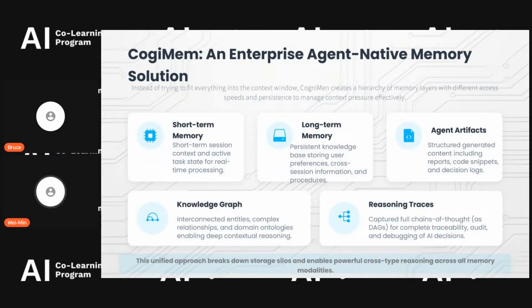So the cognitive MEM is an enterprise-class agent-native memory solution. It provides a hierarchical layered solution to address the different kinds of memory type. We offer an integrated solution by combining short-term memory, long-term memory, agent artifacts, knowledge graph, and reasoning traces.